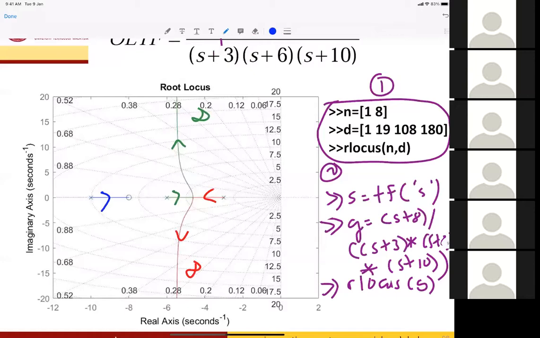My next question is Aina Nabila. How many root locus paths ended at infinity?